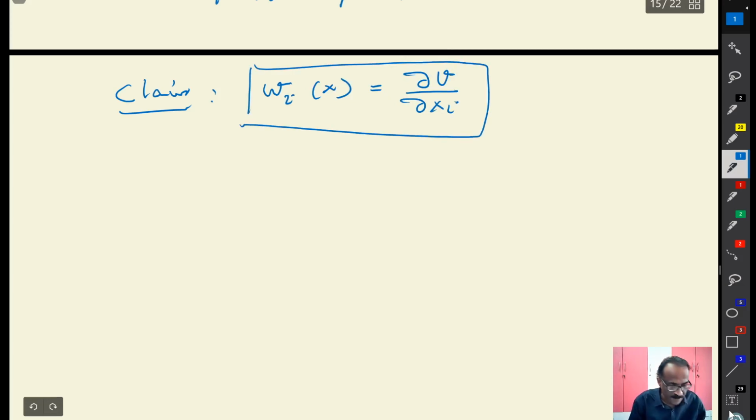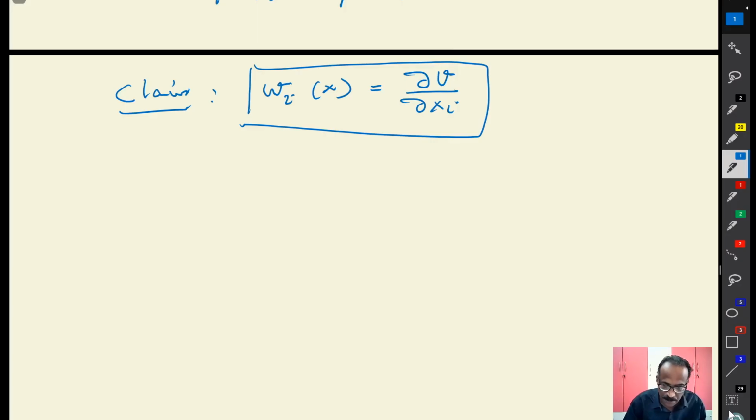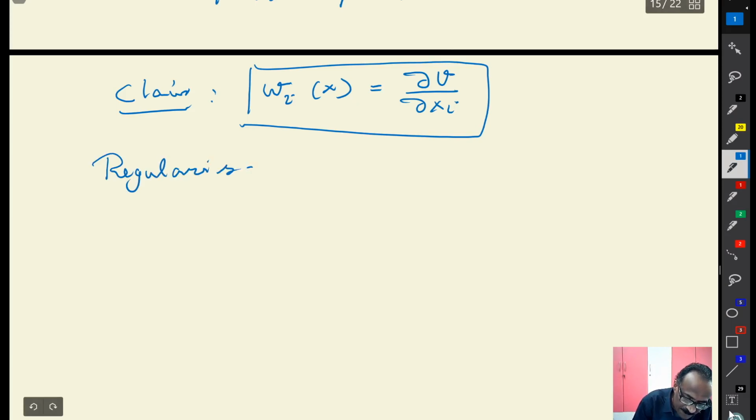So here is where we may require some regularization procedure. Let me do a regularization first, because there is a singularity at x equal to y, and I want to remove that singularity. Regularization to do the analysis.